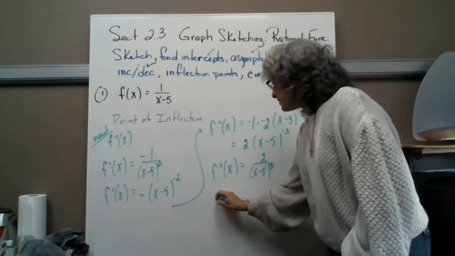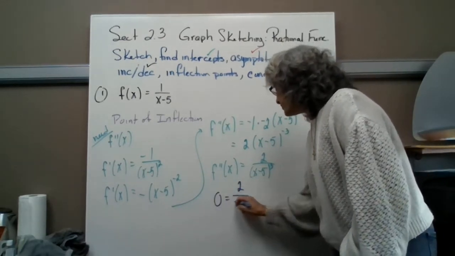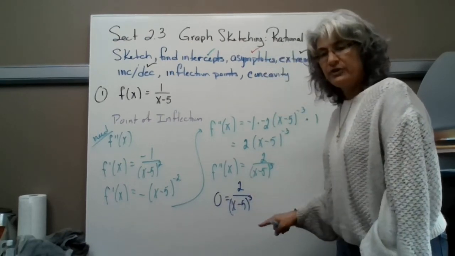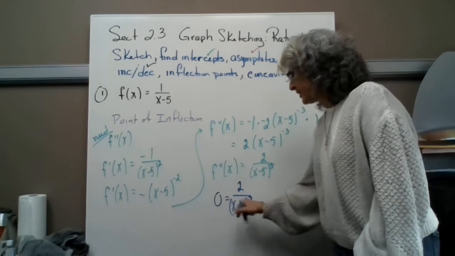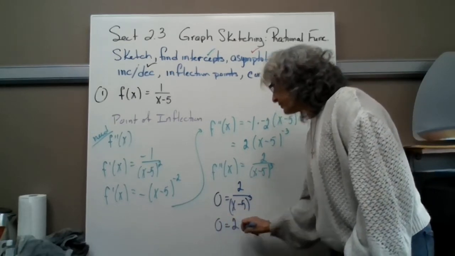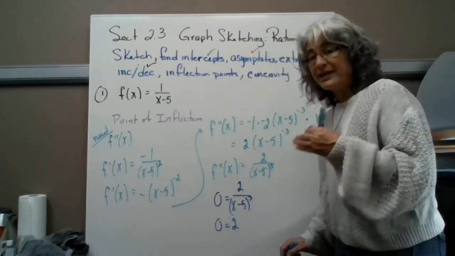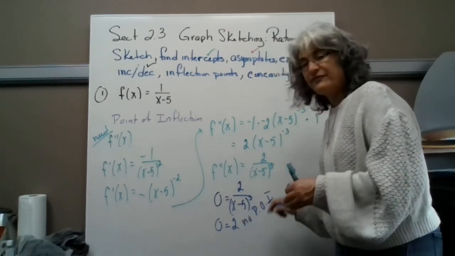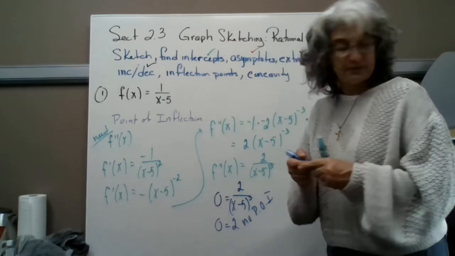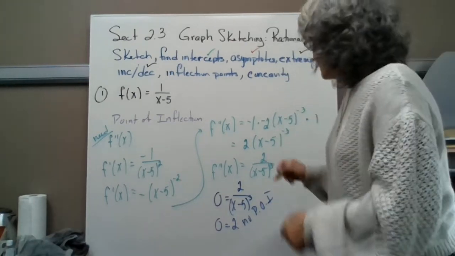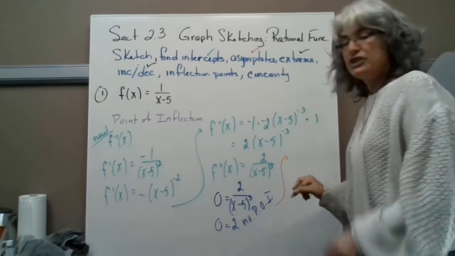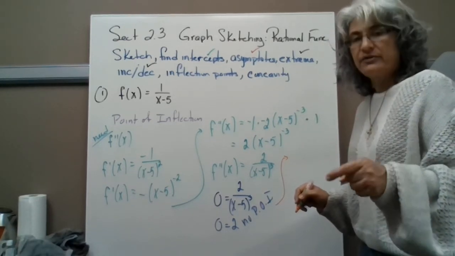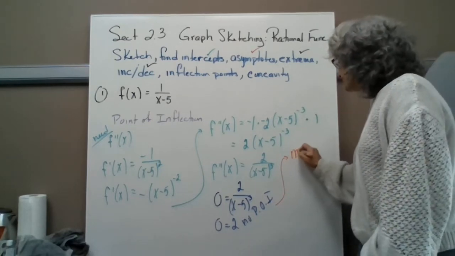So we are going to take derivative number 2 and set it equal to 0. If you notice, I'm going to multiply both sides by this denominator, which leaves me with 0 equaling 2. So by this method, there's no point of inflection, which means I have to go to method number 2. And method number 2 is just like it was when I was trying to find my critical value.